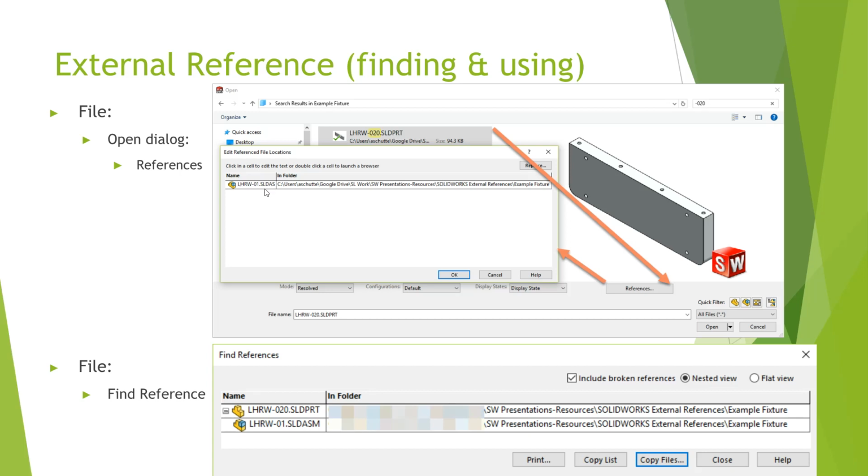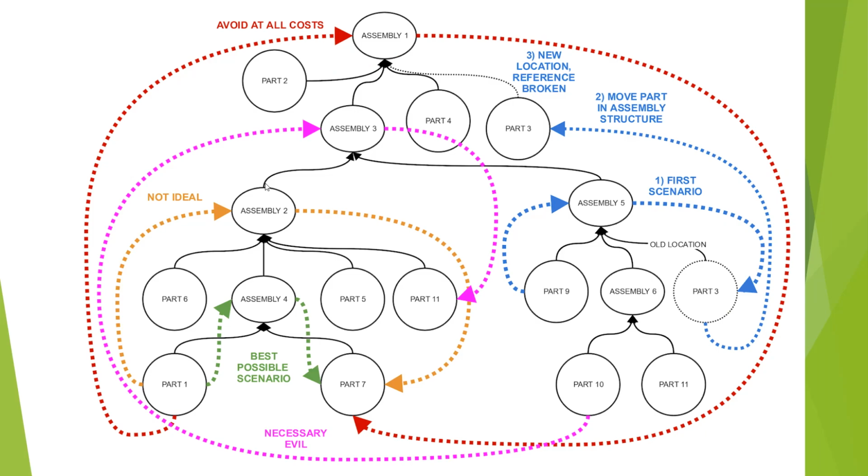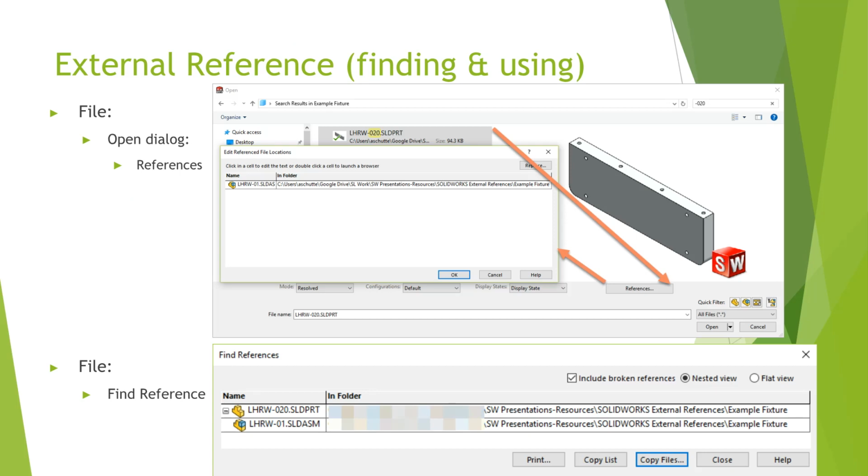But it's going to tell you the assembly, and that is going to be this. So if you're opening up part 1, before you open it, you click on references, and it tells you it's referencing assembly 1. You know you're going to open assembly 1 to be able to resolve those references. And then once the file is actually open, you can do File, Find References, and it'll tell you what those references are and where it's looking.